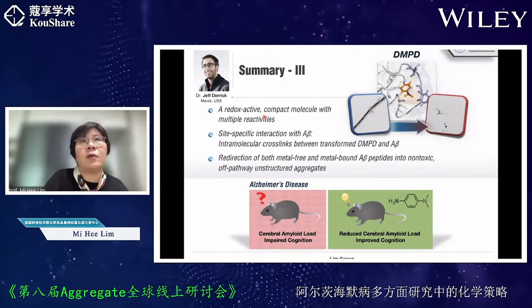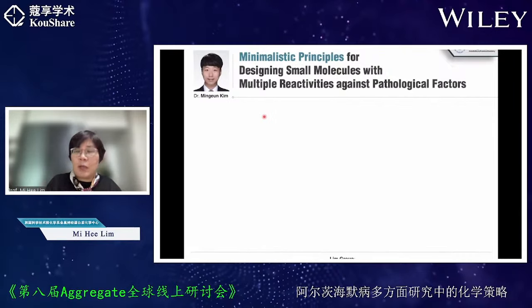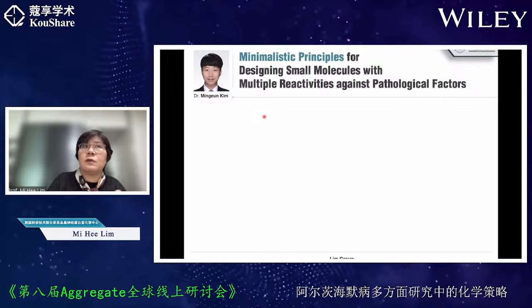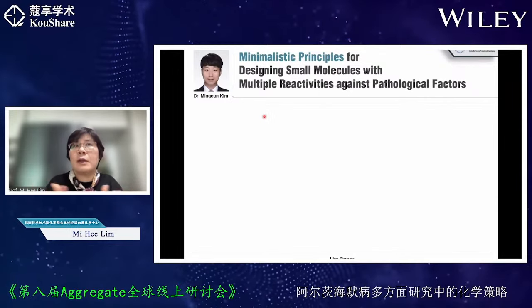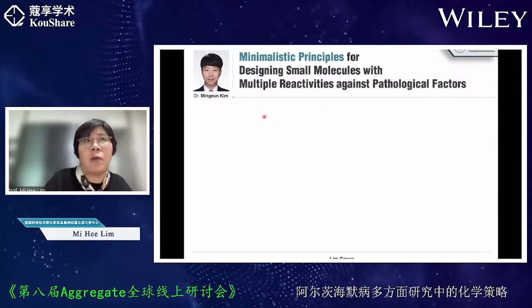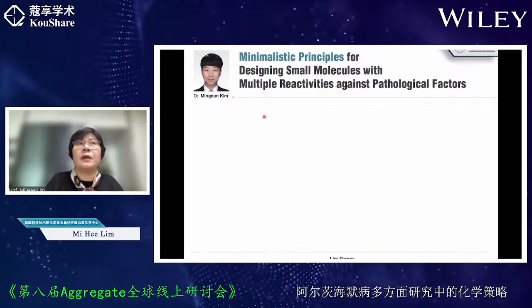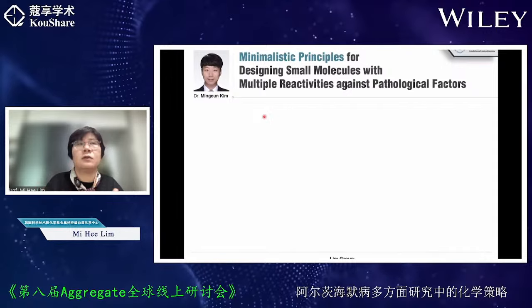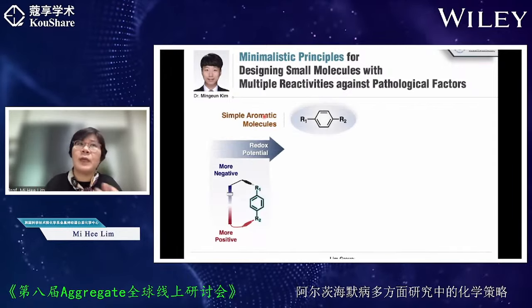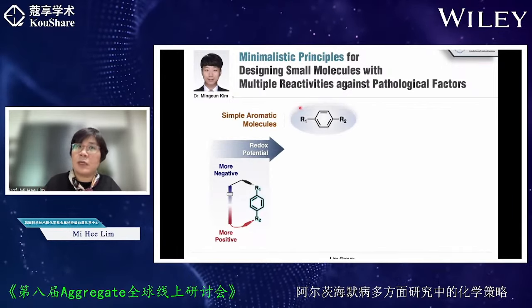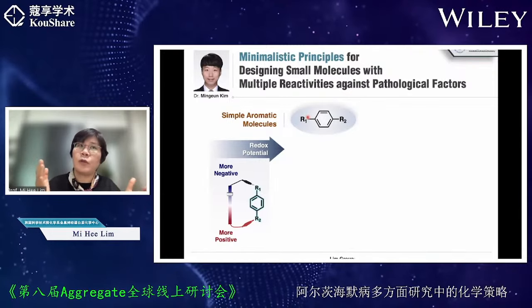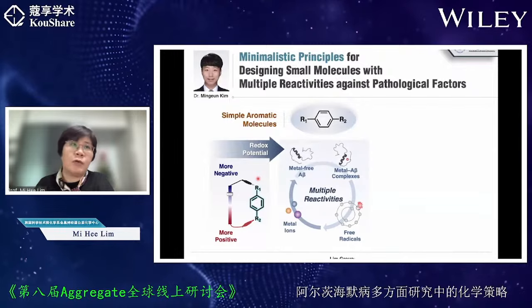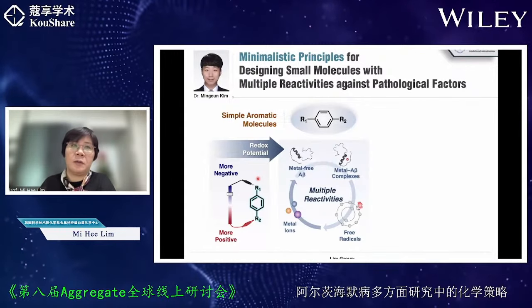So after we found the DMPD, my graduate student Mingun Kim immediately made a library of such compact compounds, because he found a very minimalist principle for making such small molecules. You basically need a basic structure like this, and if you put in a substituent, we can tune the redox potential, whatever you want for targeting the pathological factor.